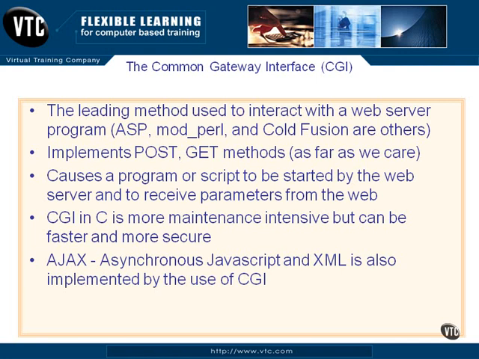Now, these days, folks like to write a lot of PHP and Perl and other kinds of scripts, and those scripts are loaded and interpreted each time the request is made. In our case, our C is a little tougher to create, more maintenance intensive, but it creates a one-time compiled program.